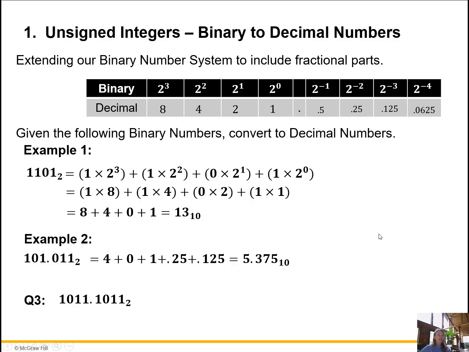All right. So what you are going to do is get out your piece of paper, and you are going to have question 3. 1011.1011. Give me the decimal number that is equivalent to this binary.